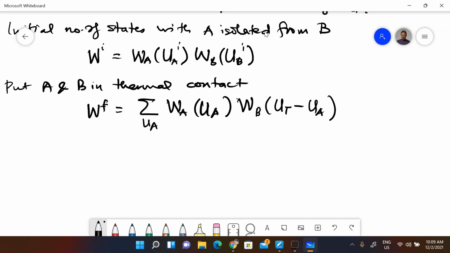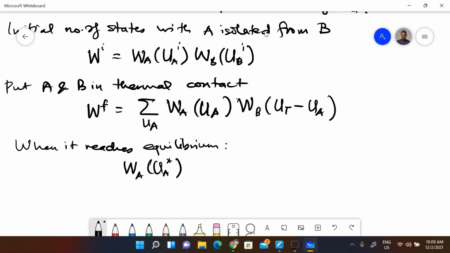And finally, when it reaches equilibrium, one should have the following: WA of UA star times WB of UT minus UA star.